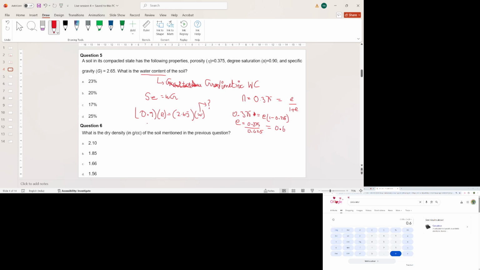0.6. Now w is going to be 0.9 into 0.6 divided by 2.65. Calculating this, we have 0.9 into 0.6 divided by 2.65.